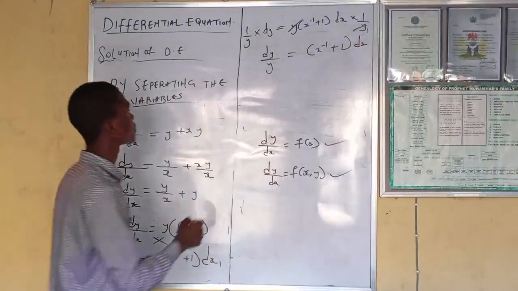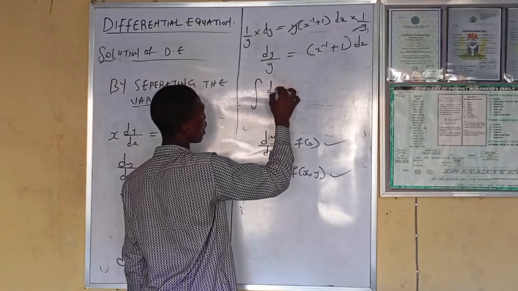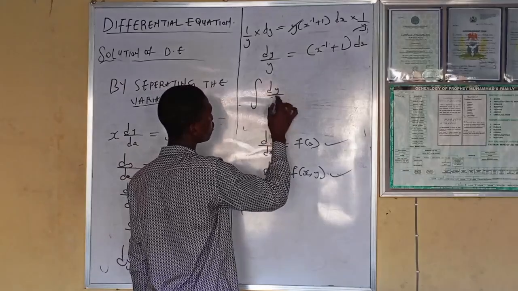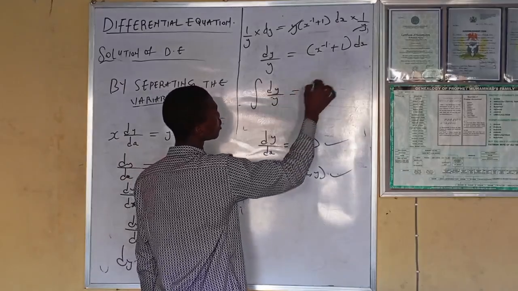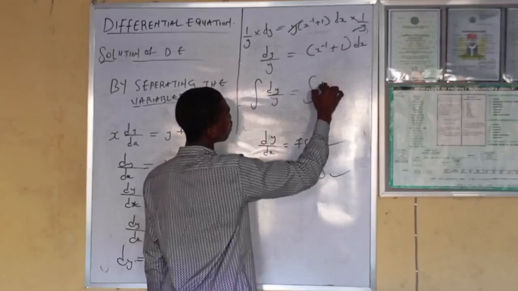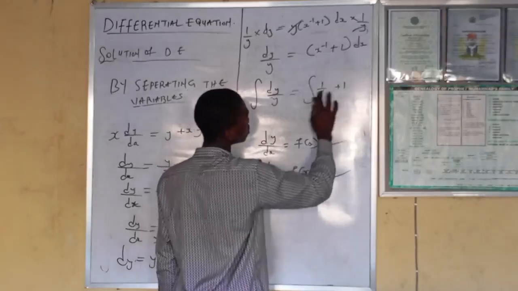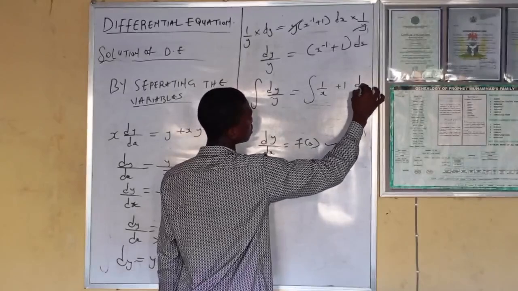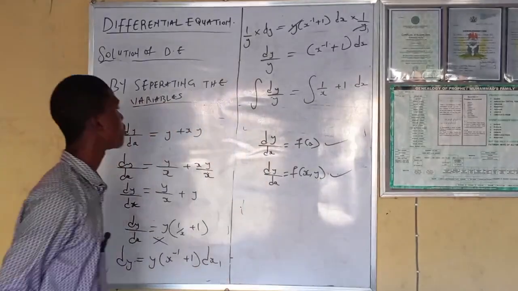Integrate both sides. Integral dy over y equals integral 1 over x plus 1 dx.